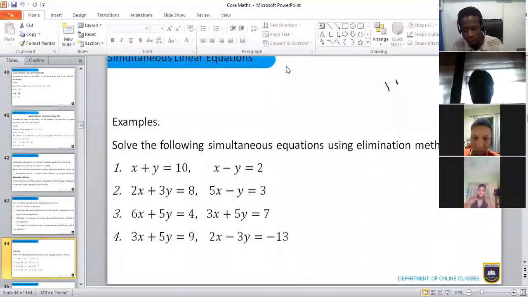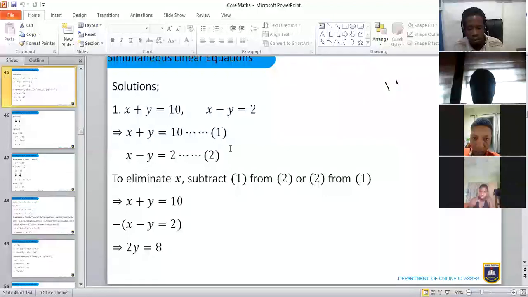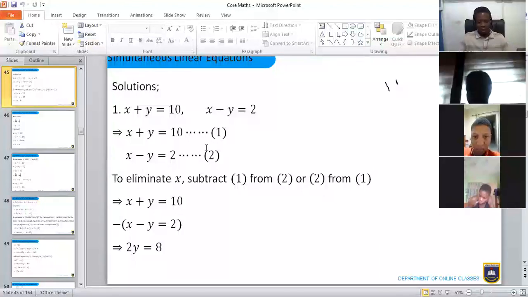For example 1, these are the equations. The first thing is we label the equations, equation 1 and equation 2.